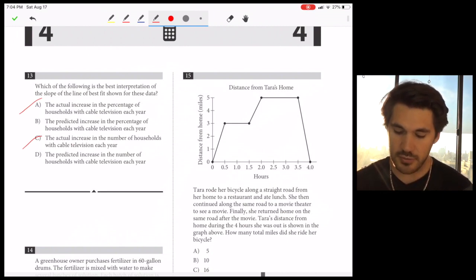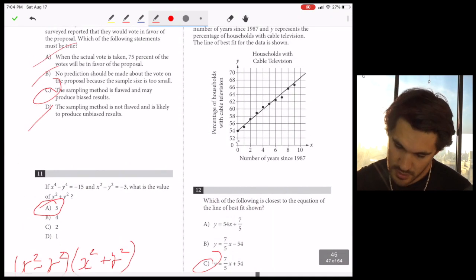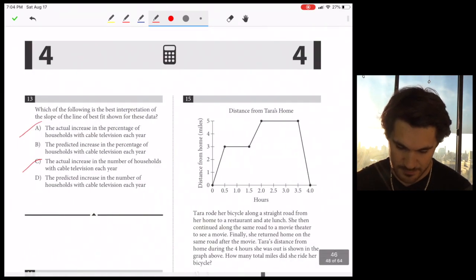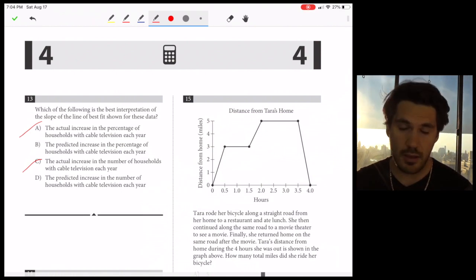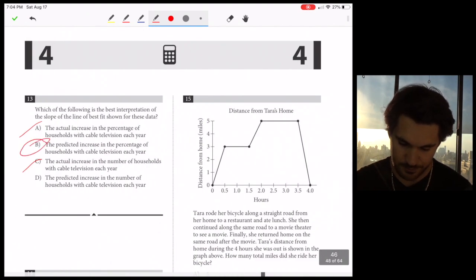B is the predicted increase in the percentage of households with cable television each year. Well, the graph is about the percentage of households with cable television, so that makes sense. Whereas D is the number of households. Well, the graph shows us percentage, right? Not number. So B is going to be our answer.